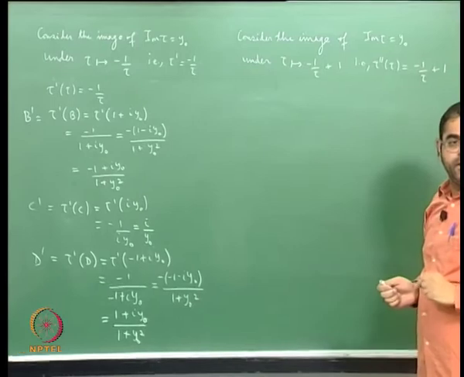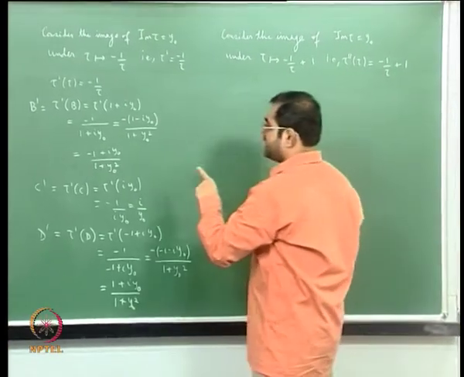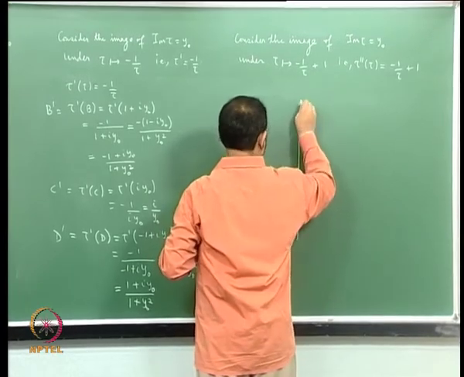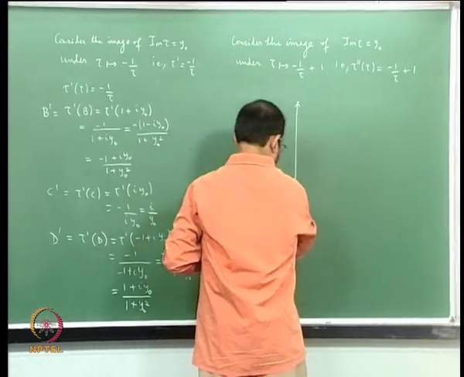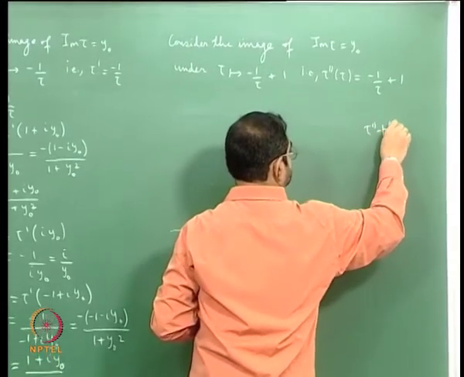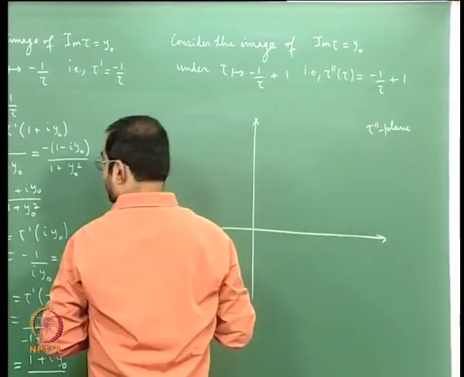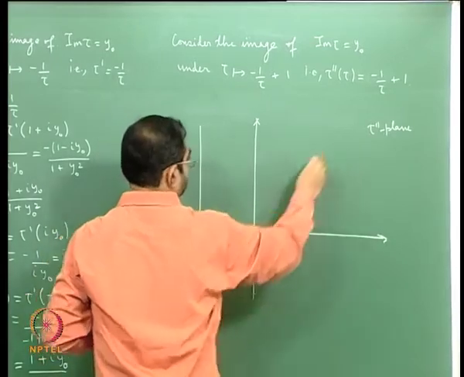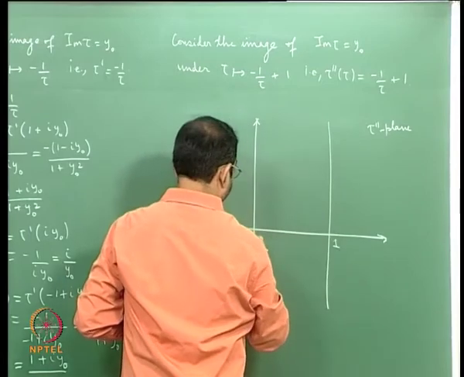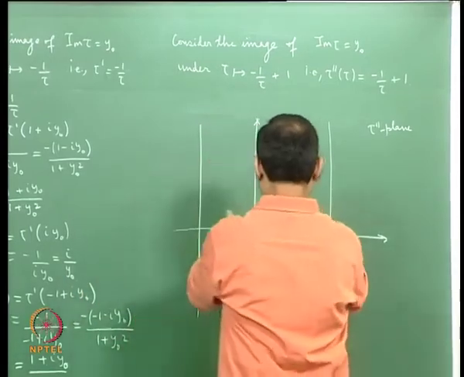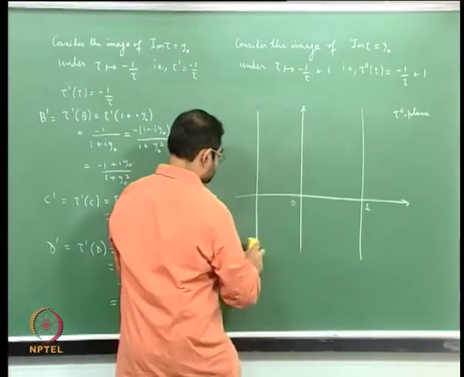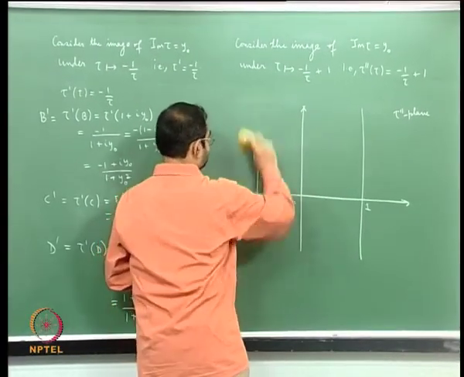Alright, now you will see that if I draw the diagram in the tau double prime plane, what will I get? You know what to expect. So this is 1, this is 0, and this does not look the same length as this. So let me draw it.